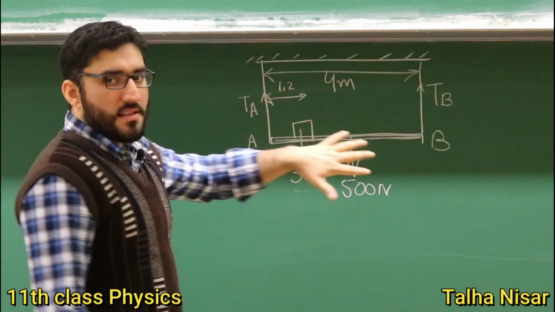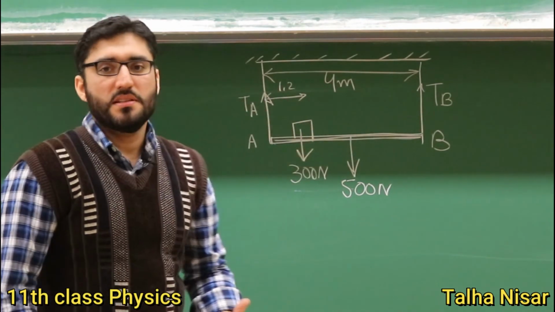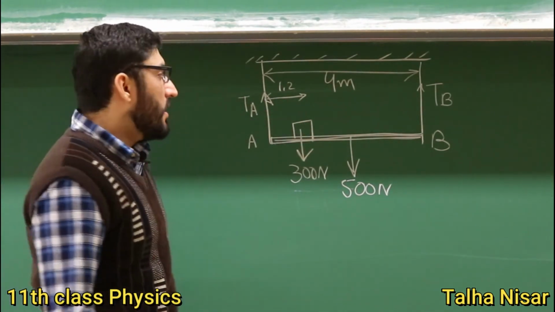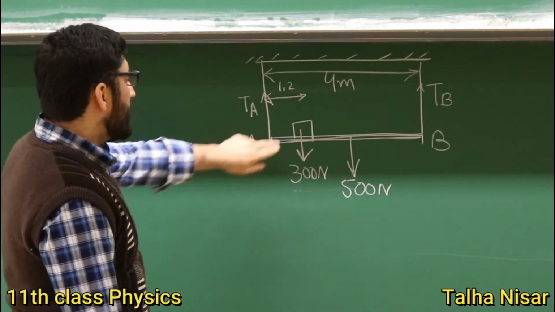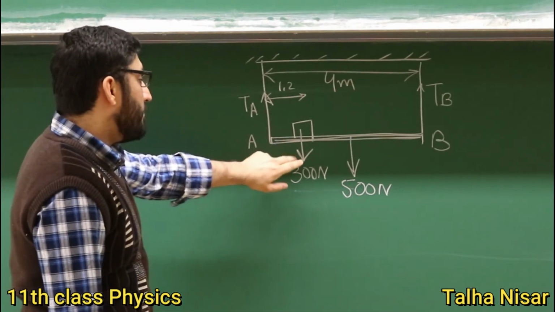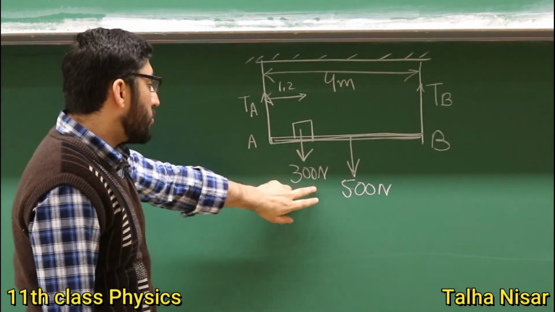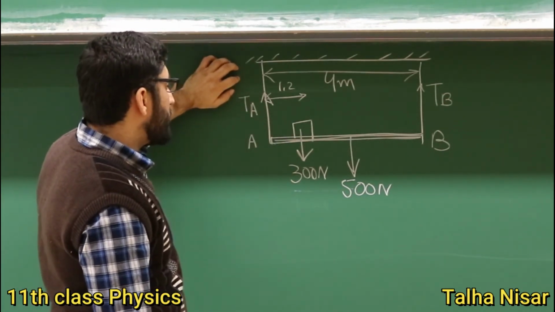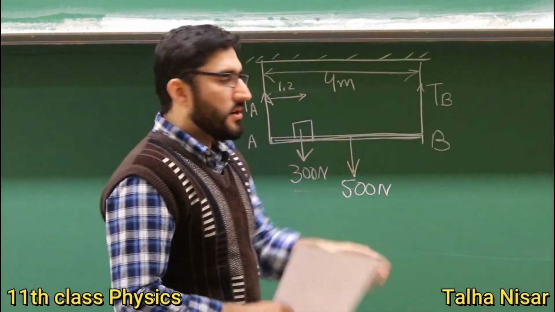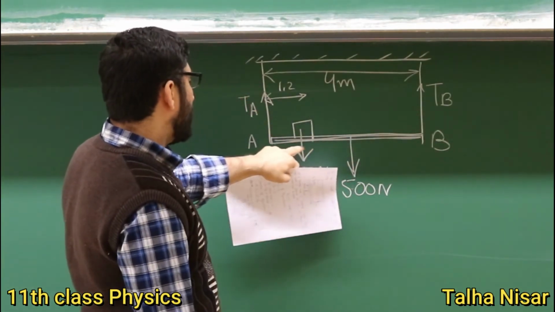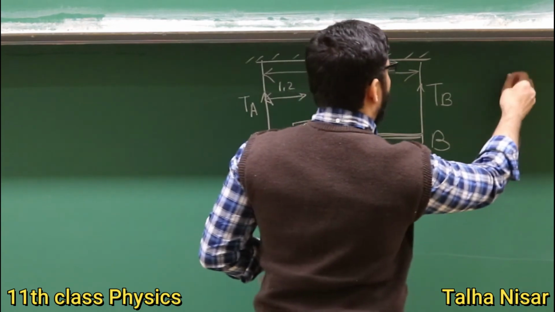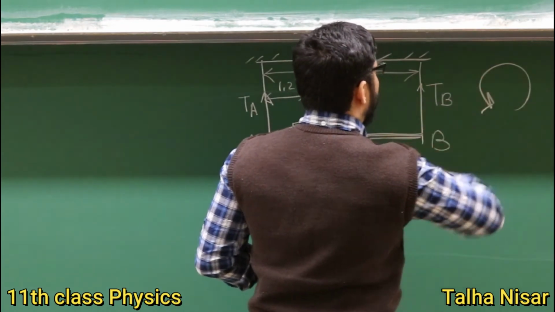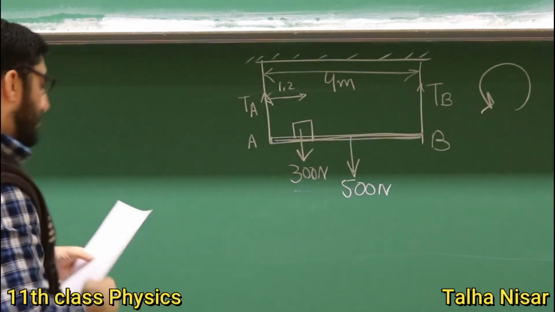We can see here that the whole system is in equilibrium, so the total force and the total torque are 0. But there is an additional mass here which is causing this force. So the tension in A will be larger than the tension in B. If the tension here is larger, it will try to rotate the system in the anti-clockwise direction.